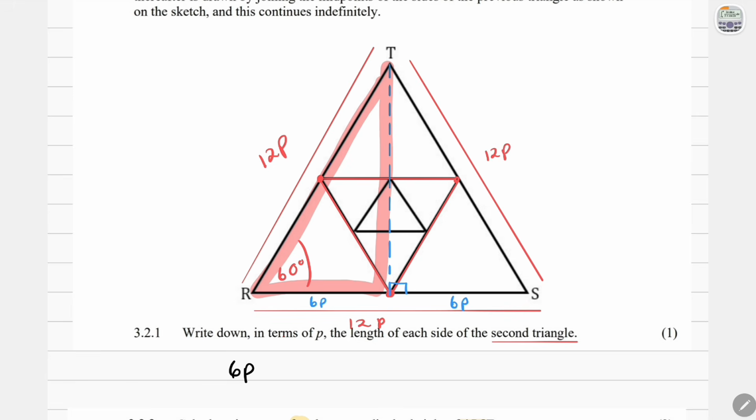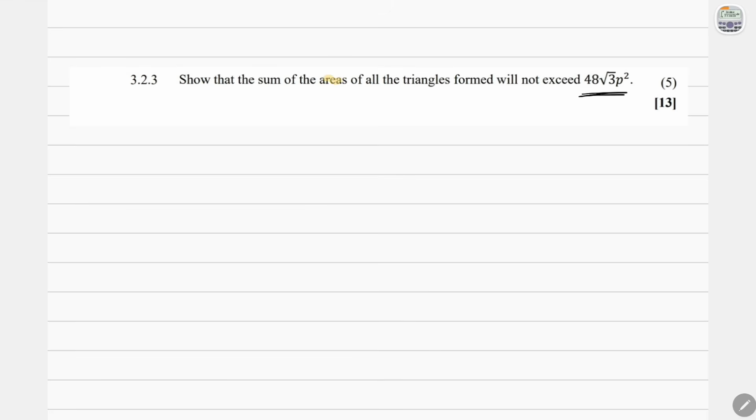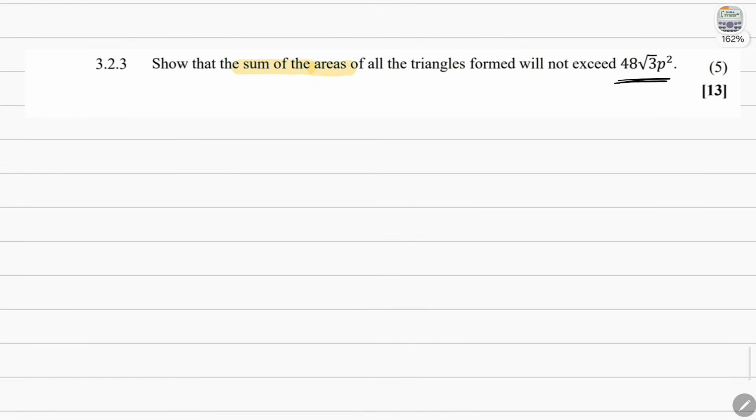Because that length becomes half of the other one, and they just keep being halved, it's going to converge. Regardless, we're looking at the sum of the areas. Because we know that these values are going to converge, we're really finding the sum to infinity. So let's go ahead and find the sum to infinity.